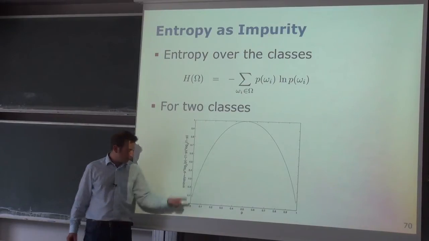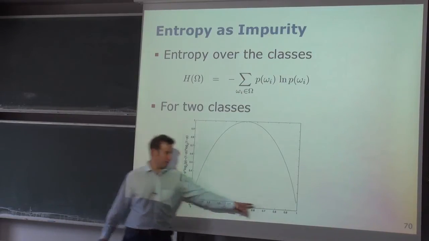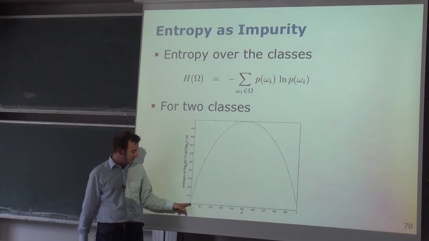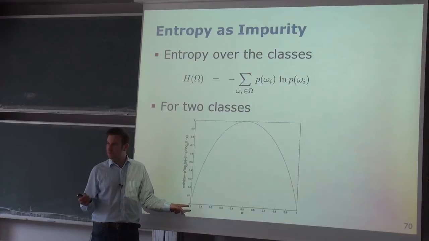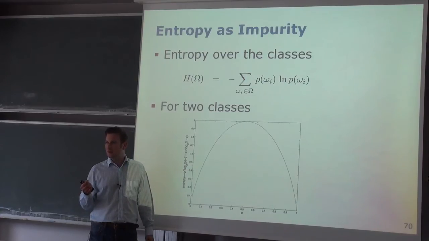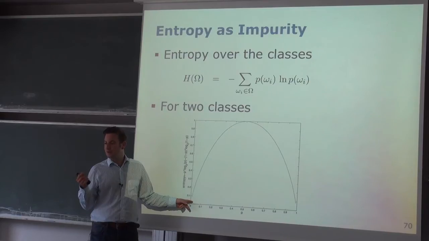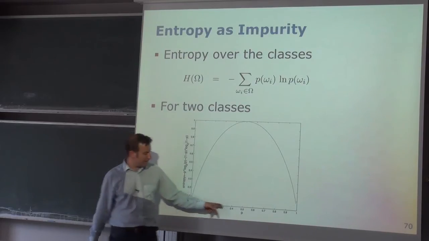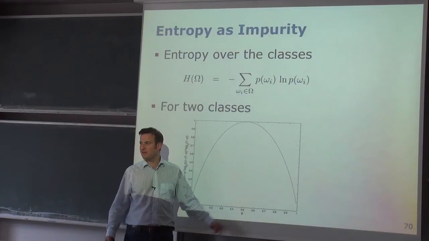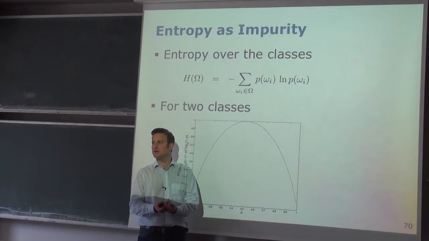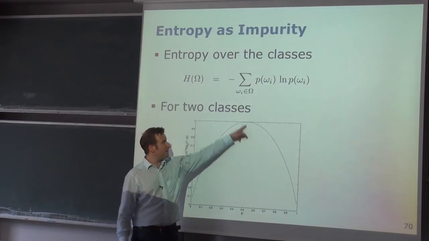What you can see on this entropy curve is that the closer I go to the borders, the smaller the entropy gets. If there is a near 0 probability that in this area there's an element of class 1, I get a very low entropy value. So it's a small impurity. If, however, the probability is 50%, that means in this area 50% of the elements belong to class 1 and 50% belong to class 2, I have the maximum entropy value.